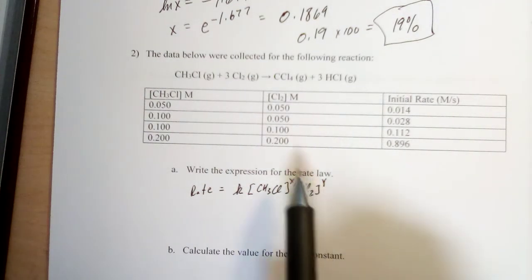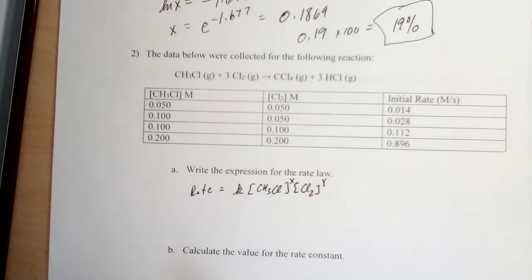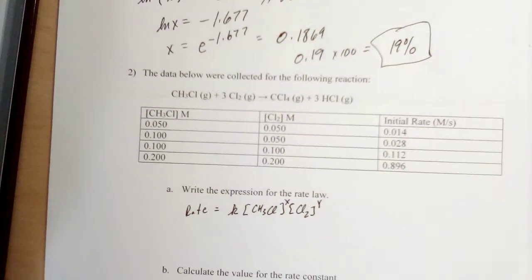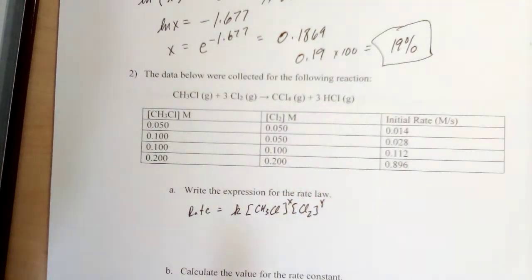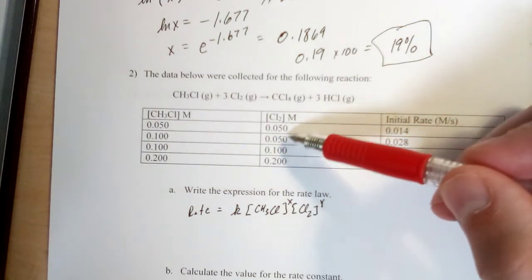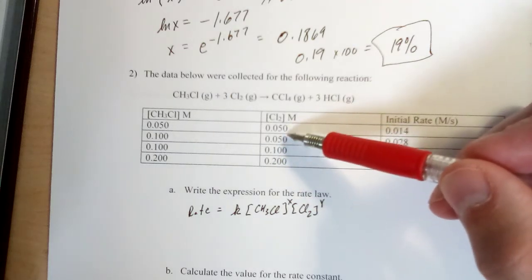So what we want to do with the data in the table is figure out the value of those particular exponents, and we do that by an observed change in concentration of one of the components and recognizing what that does to rate. So if we go back to the table here, what I'm looking for is two versions of this reaction where the concentration doesn't change.